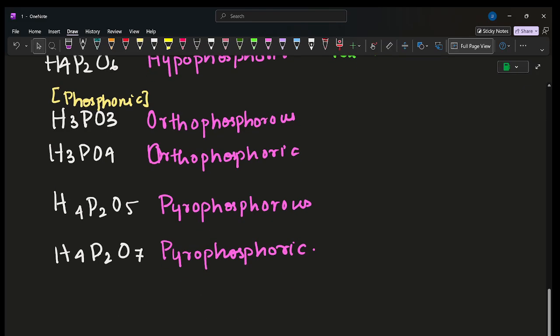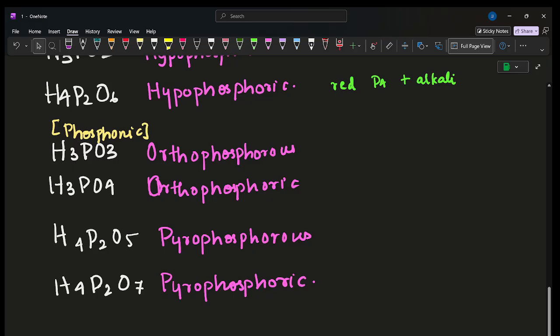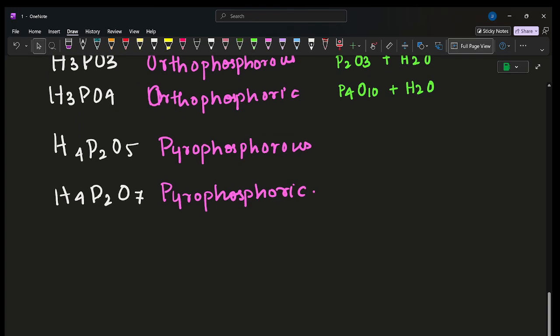Okay, it's not going to be similar anymore, but it's going to be similar for a pair. Orthophosphorous acid: it's got P2O3 and H2O. Orthophosphoric acid: P4O10 and H2O. Remember P2O3 H2O, P4O10 H2O, okay? Simple.